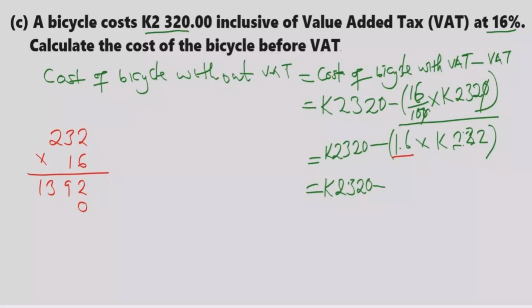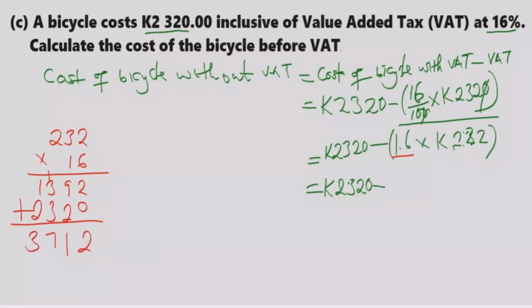Then we multiply 1 by 2 will give us 2, 1 by 3 will give us 3, 1 by 2 will give us 2. Then we add this. So we have 2, 9 plus 2 is 11, that is, we are going to write 1, carry 1. So 1 plus 3 will give us 4, 4 plus 3 will give us 7. Then 1 plus 2 will give us 3.